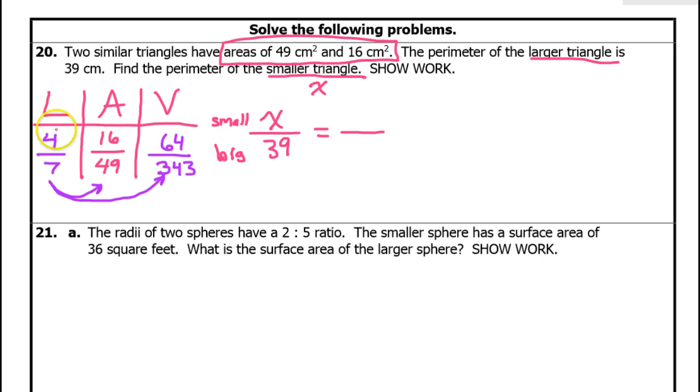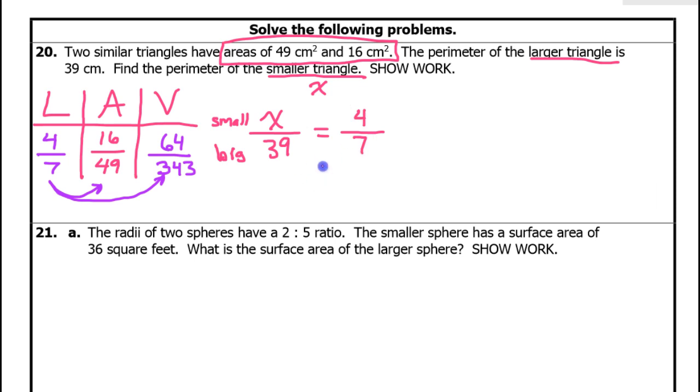Well, perimeter is a length. You just add up all the sides. Perimeter would be measured in centimeters or inches or feet. That's a length. So that tells us we're going to be using the length scale factor for the other side of the proportion, for this second fraction. Sometimes we will do 4 over 7, and other times we will do 7 over 4. Because we're doing small over big, we know to do 4 over 7 in this particular case.